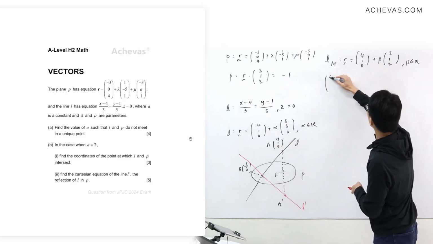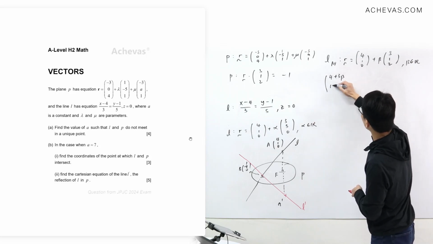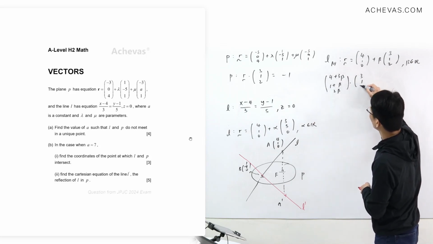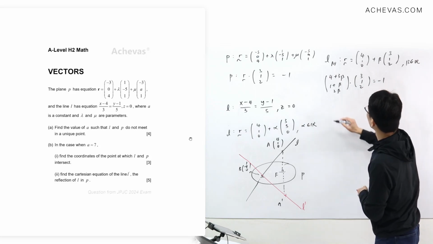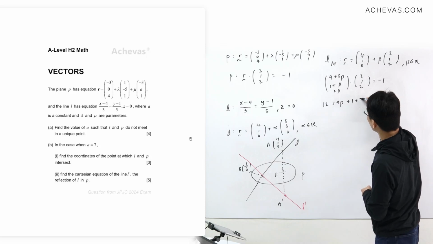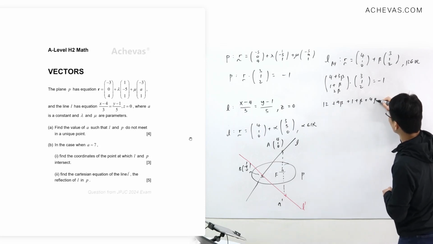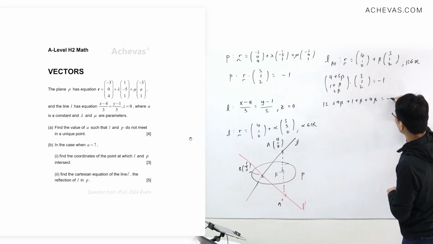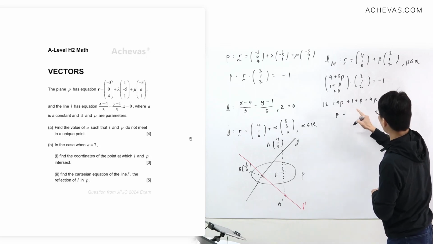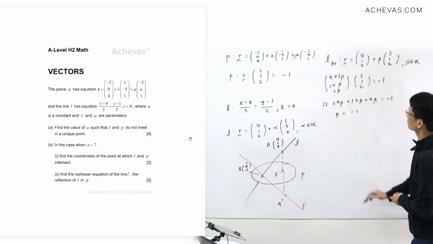So I will get (4 plus 3 beta, 1 plus beta, 2 beta) dot with (3, 1, 2) equal to minus 1. Let's work it out. I'll get 12 plus 9 beta plus 1 plus beta plus 4 beta equal to minus 1.